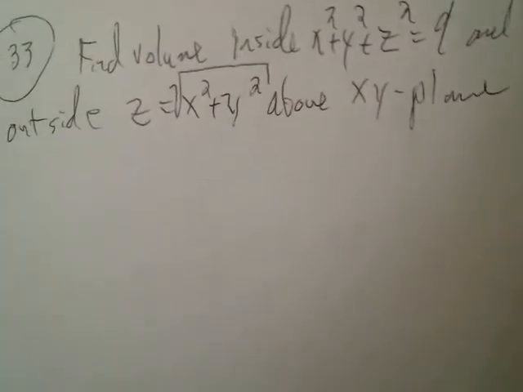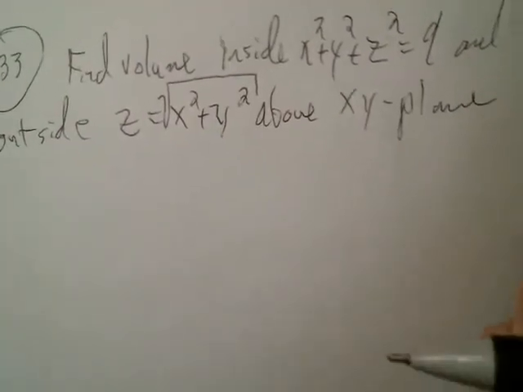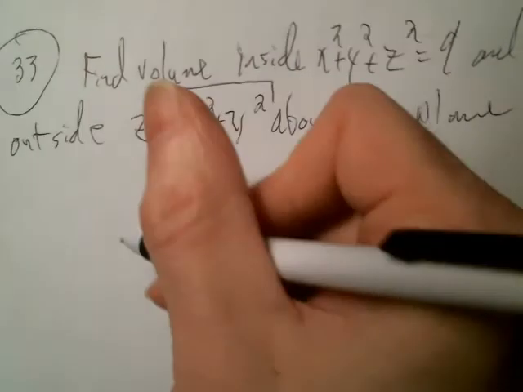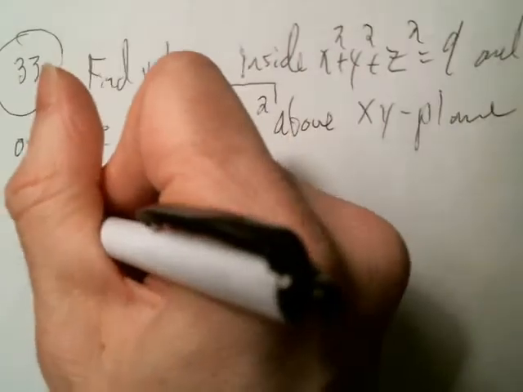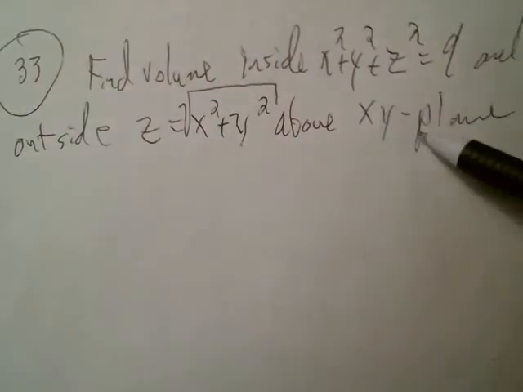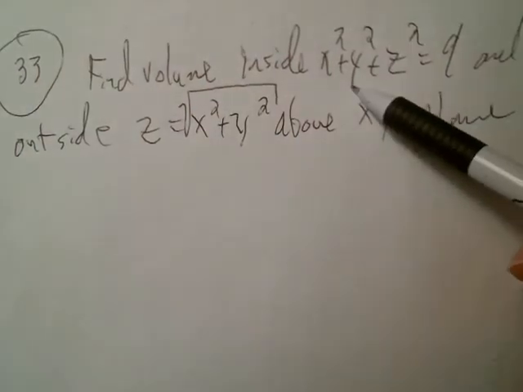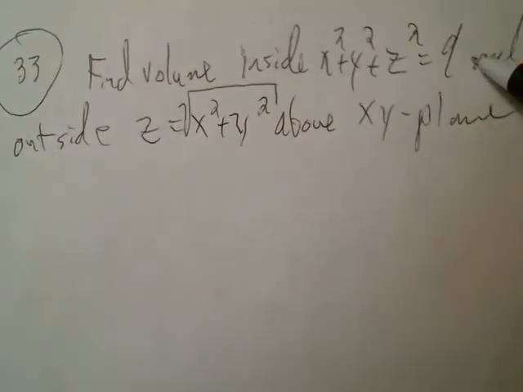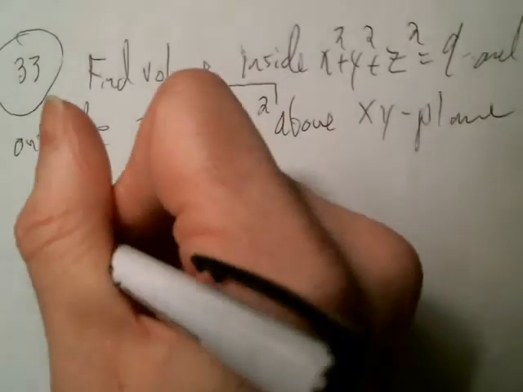Okay, so you're probably not as familiar with working with a spherical idea, but I'll try to walk you through it. The picture of this thing: above the xy plane means just the top hemisphere of the sphere with radius 9, or radius 3, excuse me.